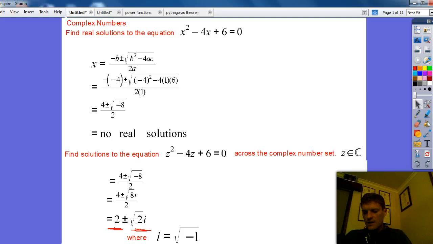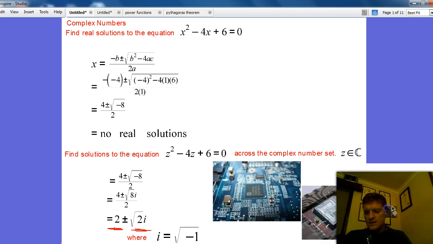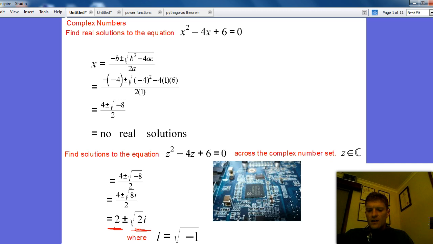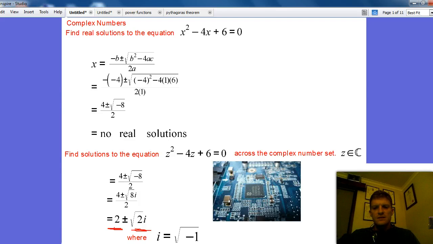And I suppose without complex numbers, without this field of imaginary numbers, we wouldn't have such technological advances, such as CPUs and complex electronic circuitry.